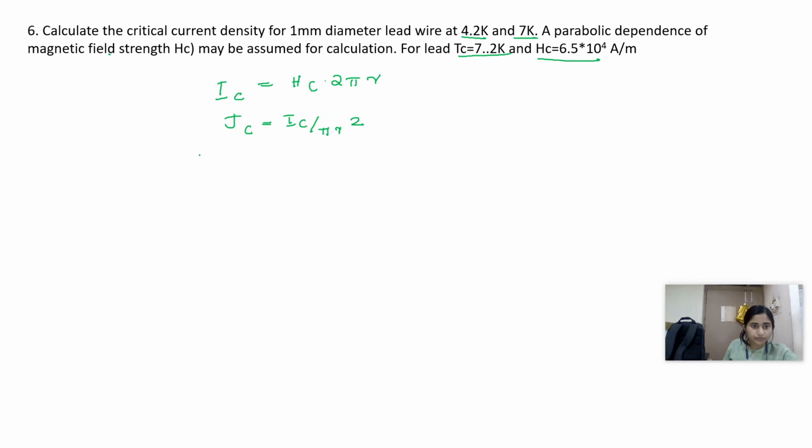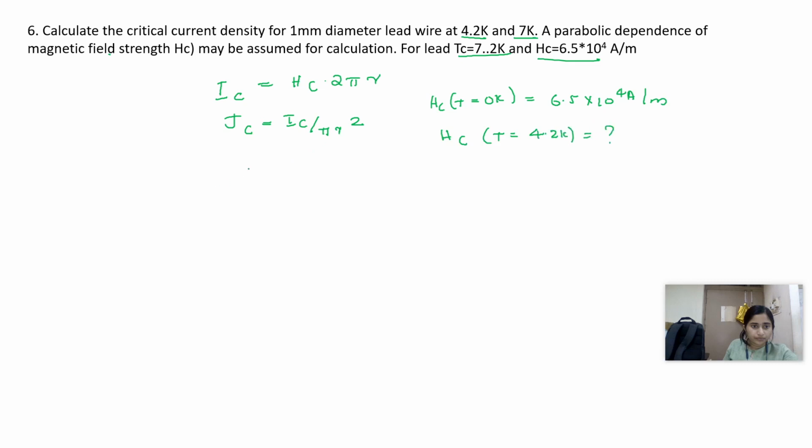Now what are the parameters given in the problem? Hc of T equal to 0 Kelvin is given: 6.5 times 10 to the power 4 ampere per meter. Now you have to calculate Hc at T equal to 4.2 Kelvin.